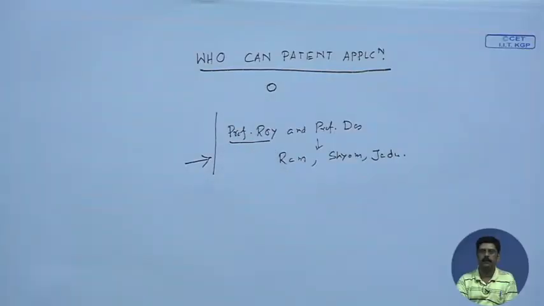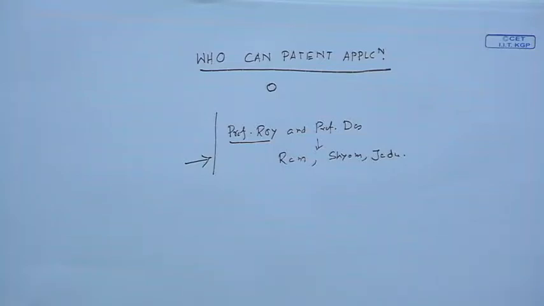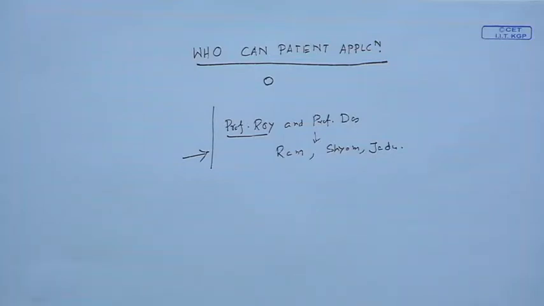Professor Das designed a biogasifier. Professor Roy was instrumental in determining the way the solid waste can generate biogas, and Ram, Sham and Jodu were all working in that field. By virtue of that they generated a system for converting.